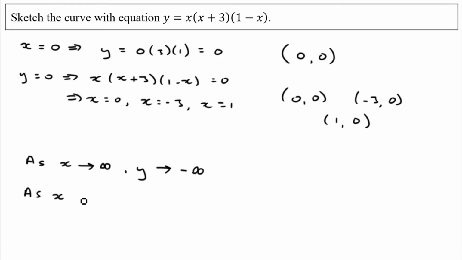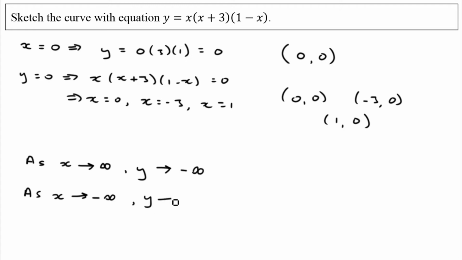Similarly, as the x gets very, very large but negative, tending towards negative infinity, the y will be the product of one very large but negative part, another very large but negative part. Here we will have one subtract a large negative number, so this part will be positive. So we will have a negative times a negative times a positive, which will be positive.